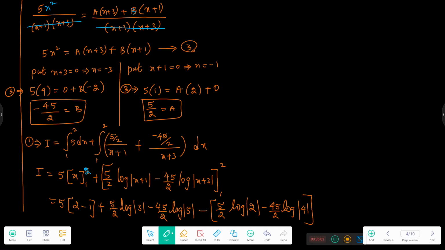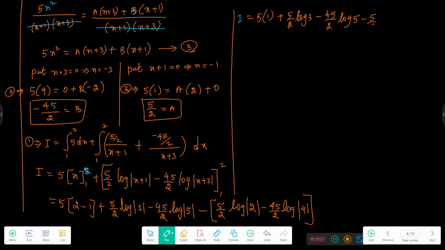Right, fine. So here I is equal to 5 into (2 − 1), 1, plus 5 by 2 log 3, minus 45 divided by 2 log 5. Again, multiply the minus inside: minus 5 by 2 log 2, and minus into minus is positive, 45 divided by 2 log 4.